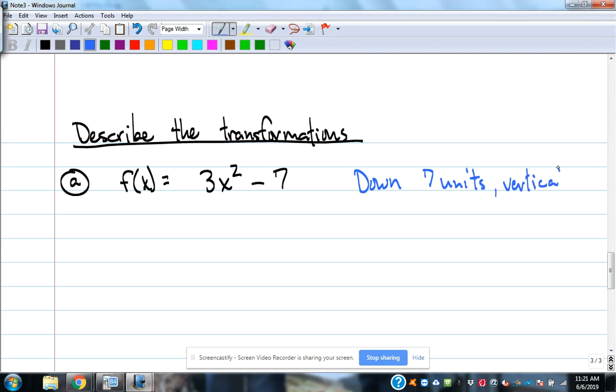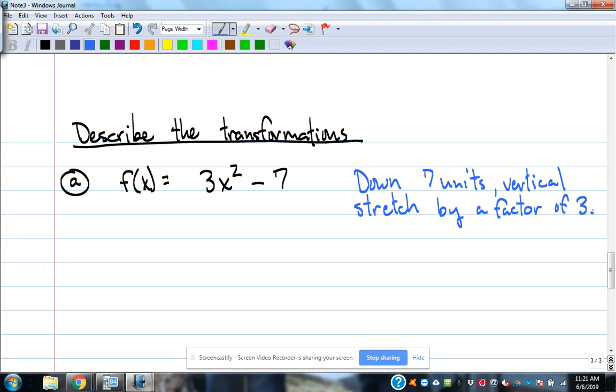It's vertical because it's on the outside. It's going to be a stretch because it's a number bigger than 1. And we write that as a vertical stretch by a factor of 3.